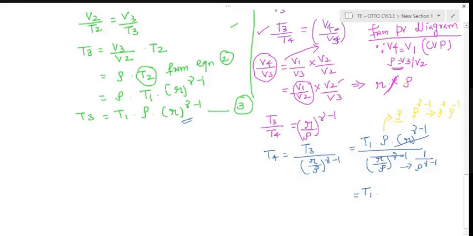Here we have rho power plus 1, so both these terms get cancelled, and the remaining term is rho power gamma. So T4, which is the final thing, is nothing but T1 into rho power gamma. This is equation number 4.